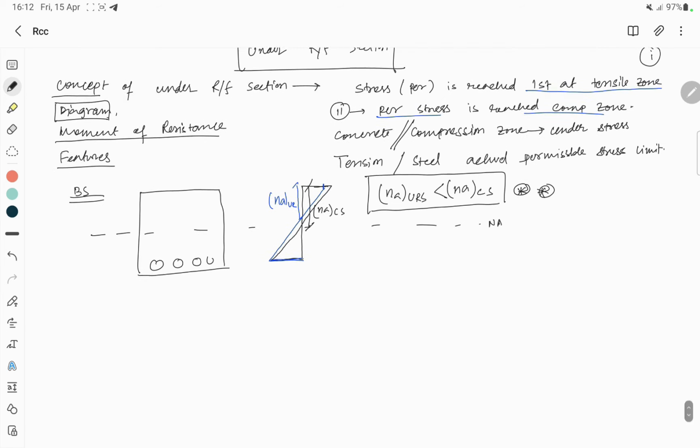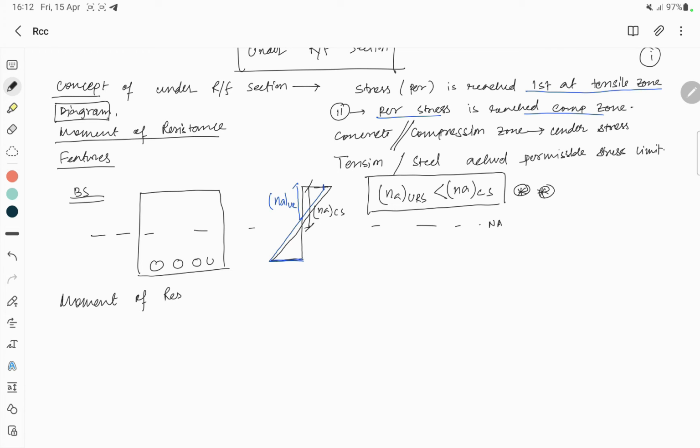Now, how should I find the moment of resistance? See, as I am saying that the stress is reached first at the tensile zone, that means the chance of failure occurs due to steel. So we have to find the moment of resistance, meaning the moment of steel.